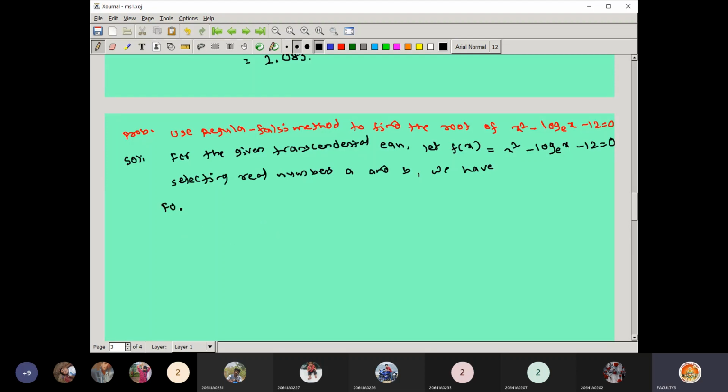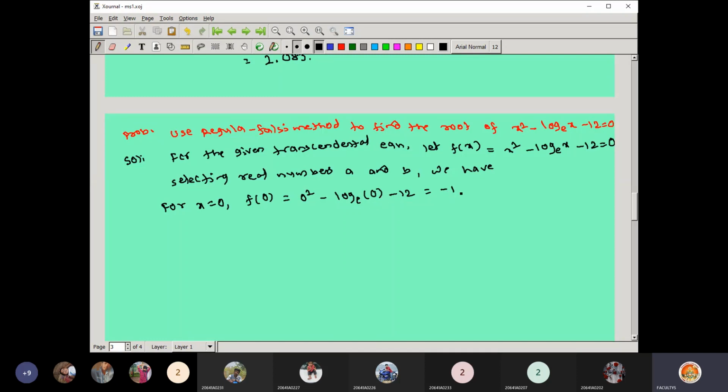So for x equal to 0, f of 0: substitute x equal to 0, 0 square minus logarithm of 0 minus 12. Generally, logarithm of 0 is undefined, an error, but in these equations we suppose it is a 0 value.